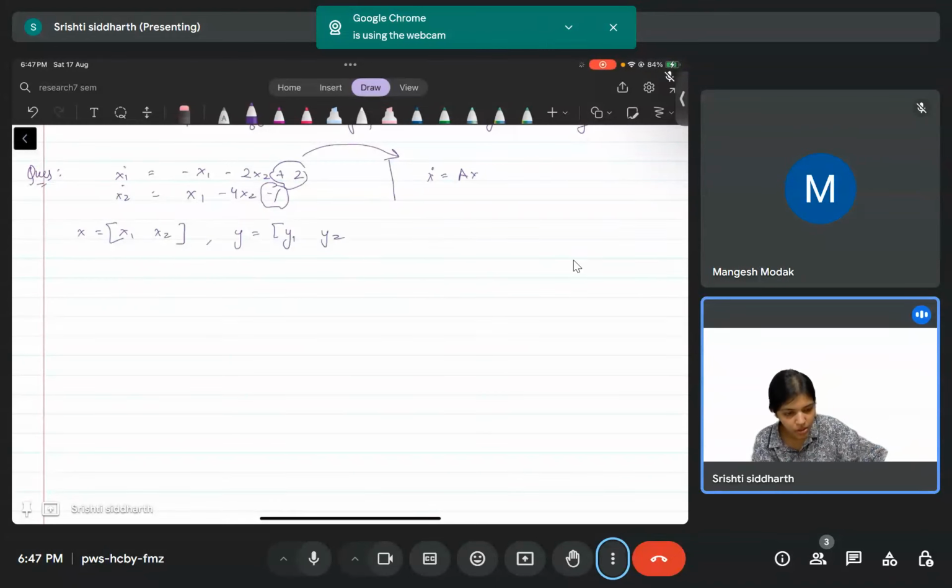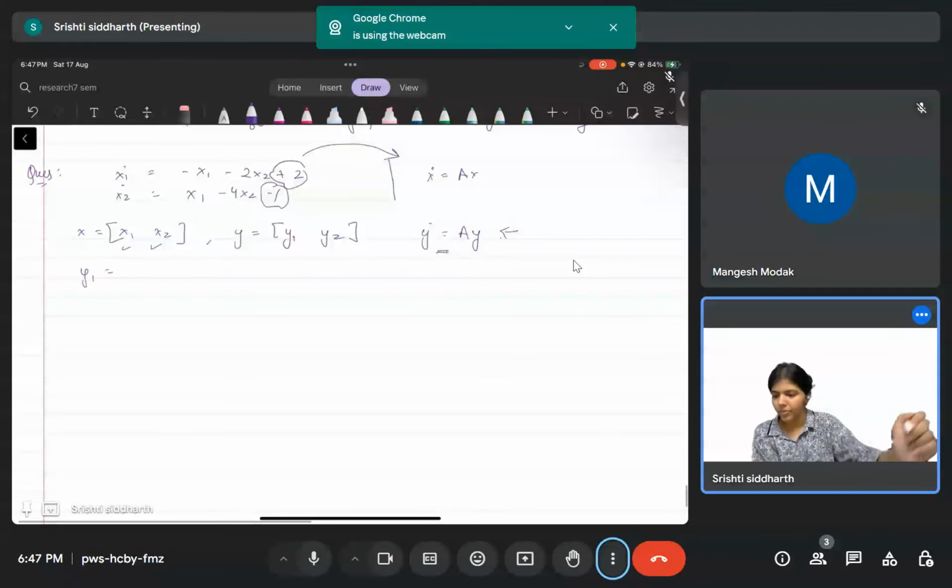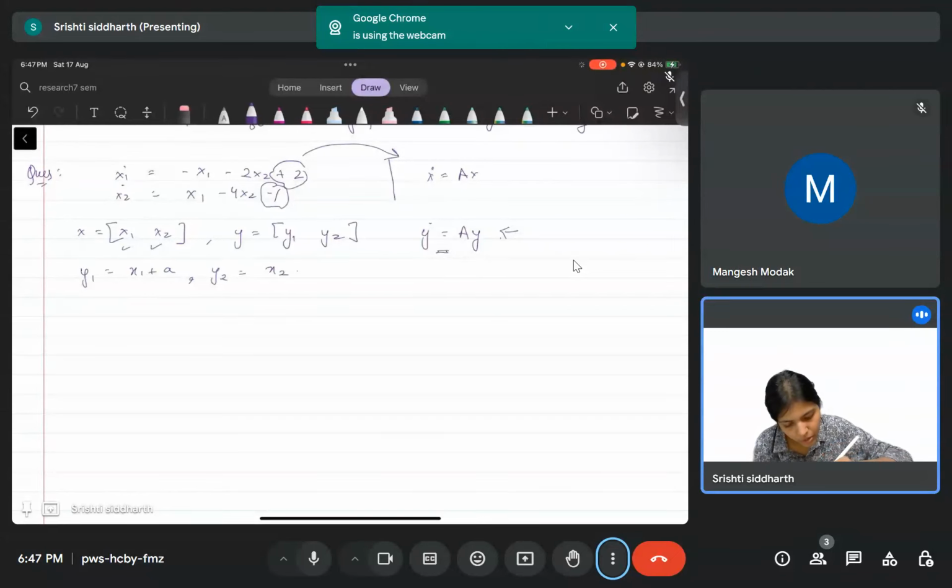A combination of x1 and x2 such that we have y dot equals A y. Then we can apply the direct method of Lyapunov to the system. Okay. y1 is just some translation of x1, and y2 is just some translation of x2. Right. So now we have to compute what y1 dot and y2 dot are.